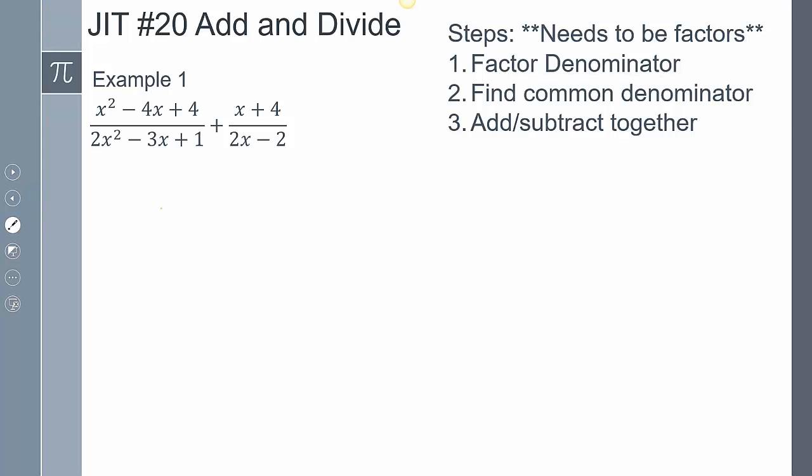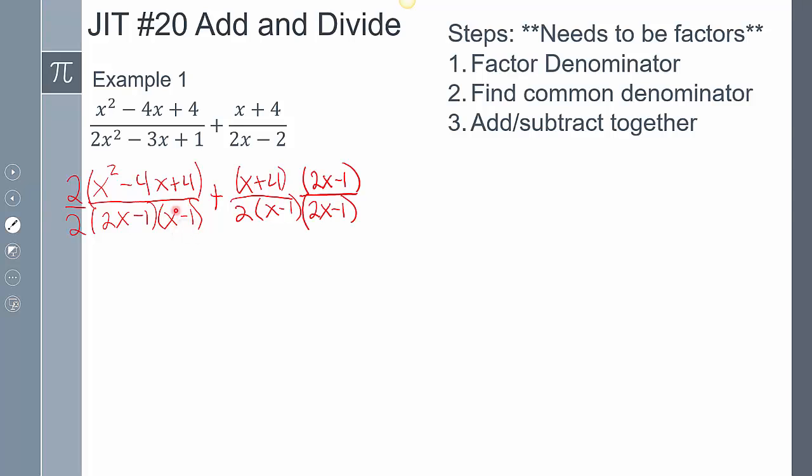And so completely factor this, completely factor this. I did that Xbox method here. This was just a factor of 2 in common. So I do have an x minus 1 that's the same, so keep that in mind. But I didn't have a 2 here, so on this side I need to multiply by 2 over 2.